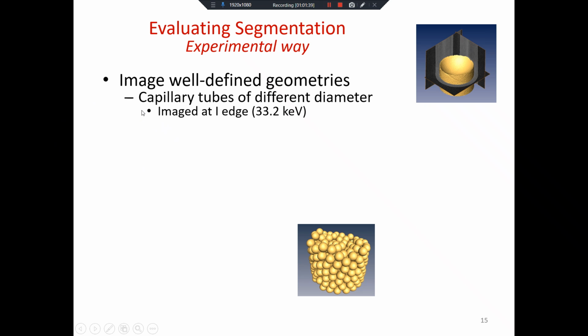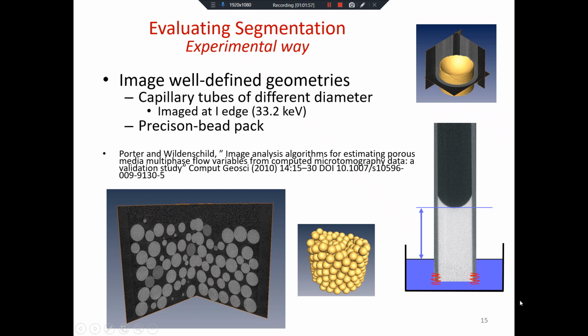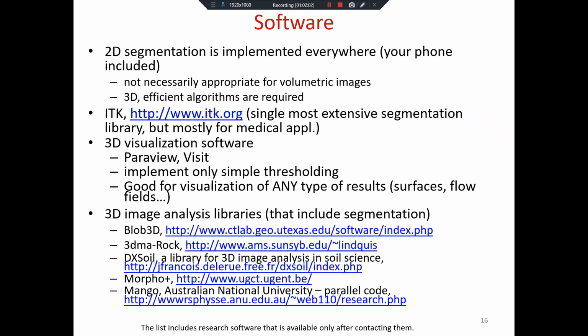Basically, these are capillary tubes of different diameter, and this is the image. And based on the capillary pressure that was in the system, she figured out the error of the segmentation method she was inclined to use, and what she calls a precision beatback. And there's actually a paper in 2010 on that topic. Okay? So there are different ways to evaluate.